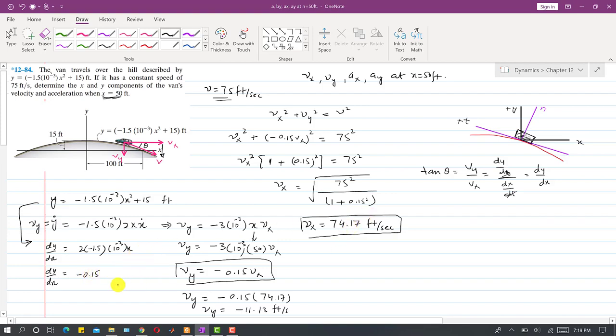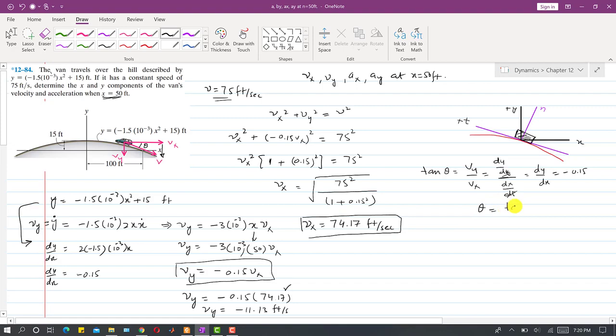We can confirm this value by taking this ratio. Vy is minus 0.15 times 74.17, and Vx is 74.17, so this will cancel out in this ratio. So this means that dy by dx is equal to minus 0.15. So we can find this theta.